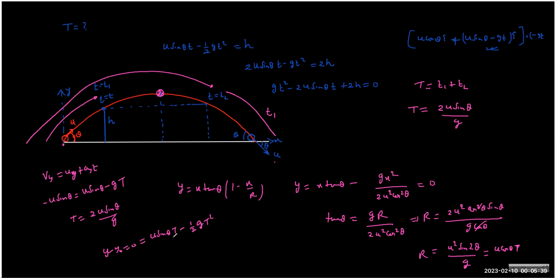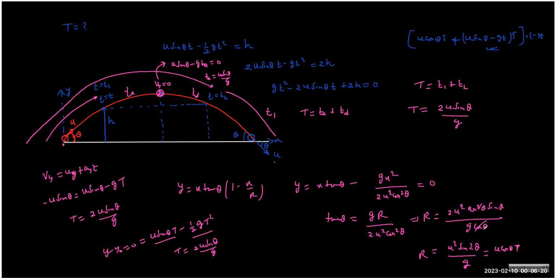This will take you up, this will take you down, and it is 0. So you get the answer. Then you use the concept of time of ascent and time of descent, because both are the same, symmetry again. So T is ascent plus descent. And we know that when you go to the maximum height, the Vy is 0. That's again the definition of maximum height, which we are coming to shortly. So u sin theta minus g into ta must be 0. So time of ascent is how much? Half of the time of flight, which is obvious. And so is the answer.